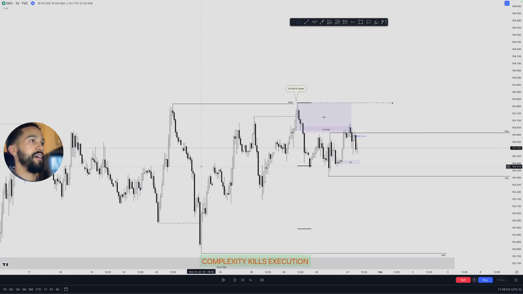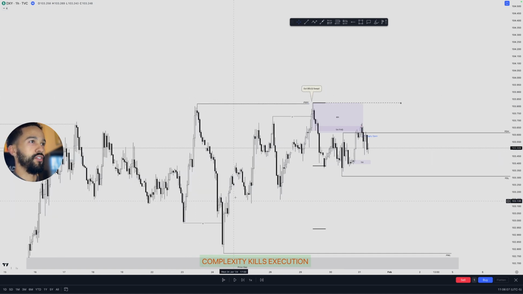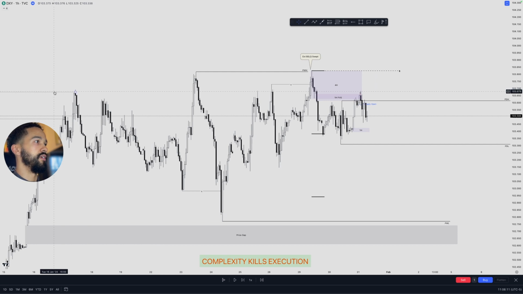Even though the higher time frame isn't moving that well on DXY at all, it's just internal breaks of structure, no real trend since mid-January.